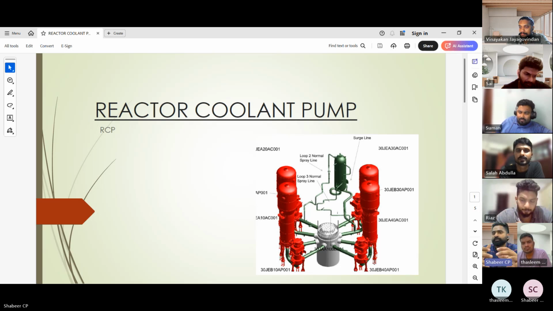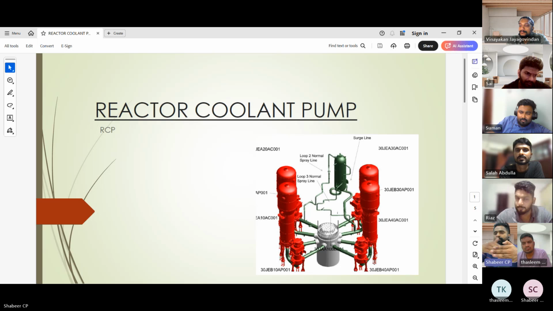But for safety and efficient operation, we are providing four loops here. If one of the RCPs is under maintenance or faulty, as I said, each and every RCP is physically separated and situated in different partitions.